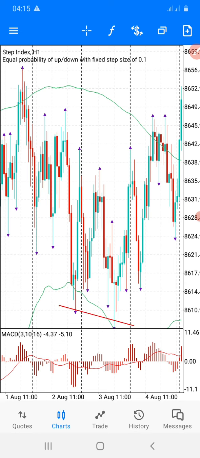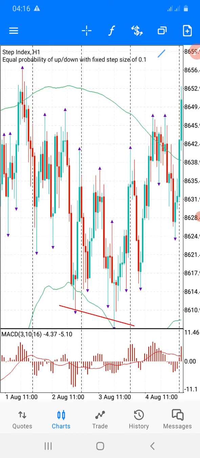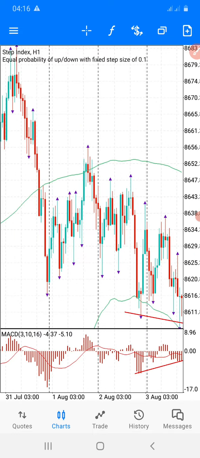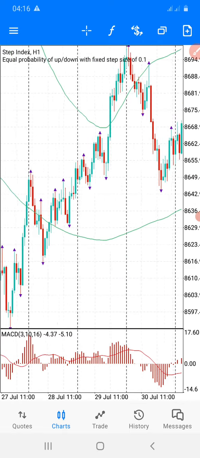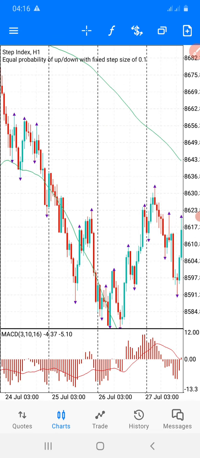It's making a lower low, but the indicator window is making a higher low. So this is a regular divergence happening in this market. There is a regular divergence happening here.